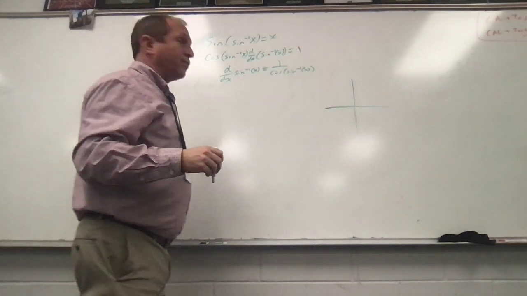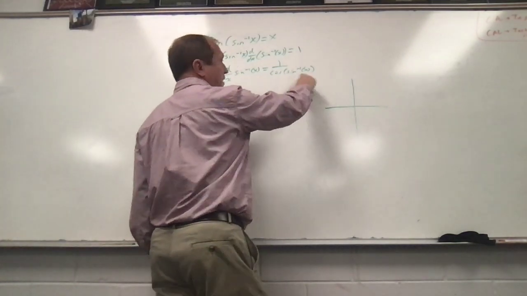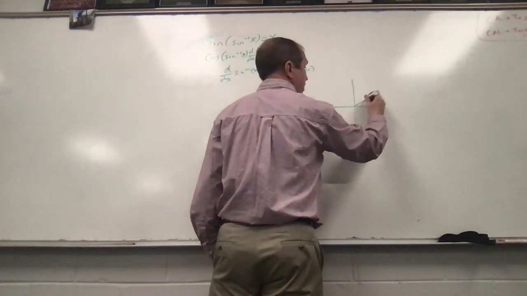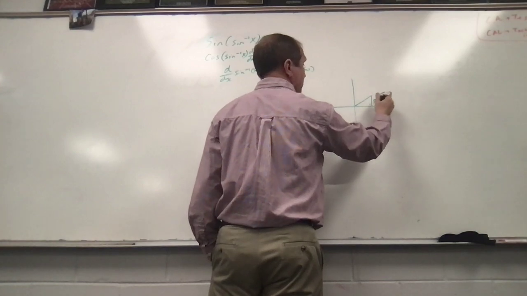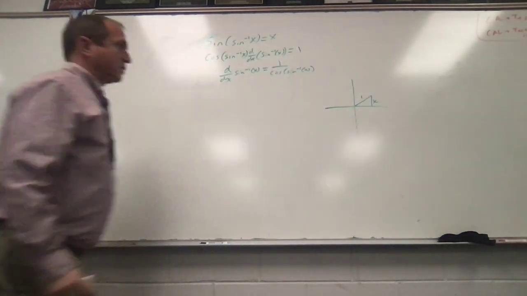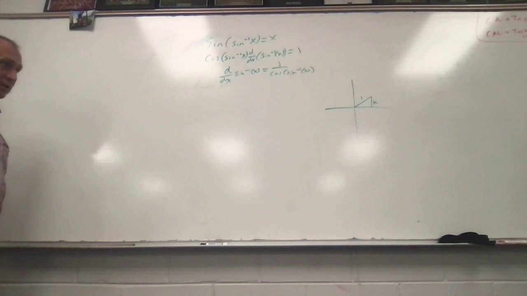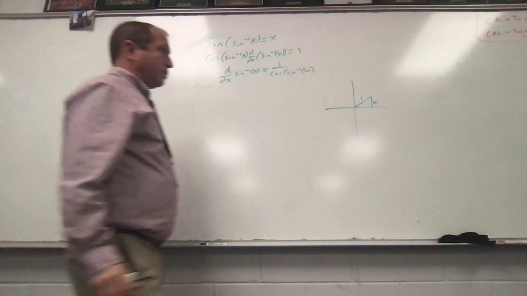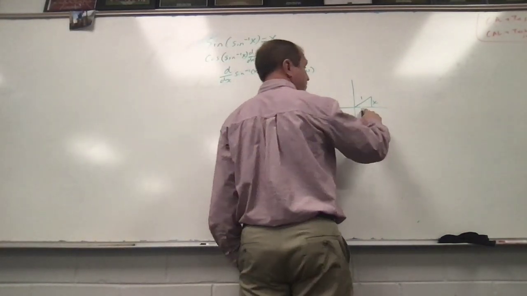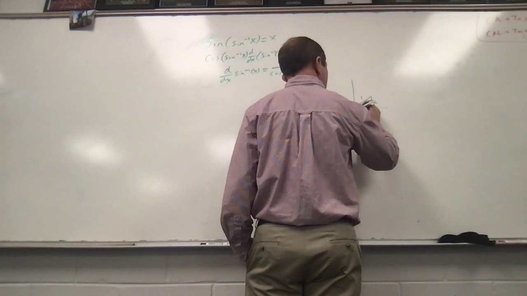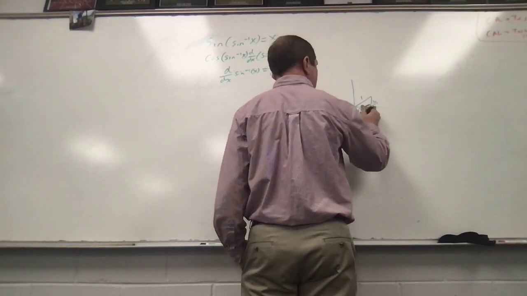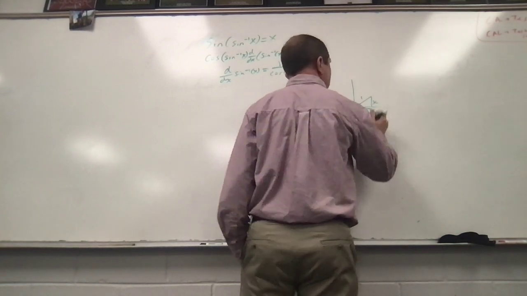All right. We drew a triangle that had a sine of x. So we're going to draw a triangle in the first quadrant that has a sine of x. So that would be the opposite over the hypotenuse, which would mean that the bottom leg of the right triangle would be the square root of 1 minus x squared.